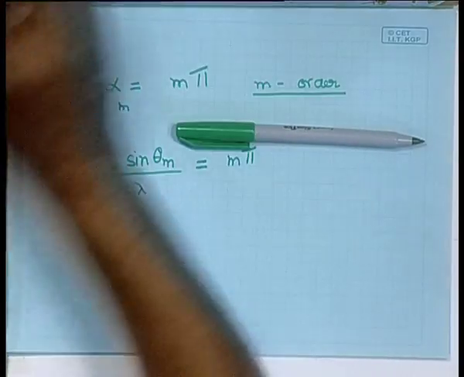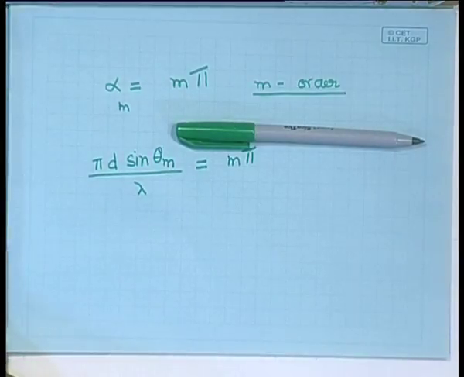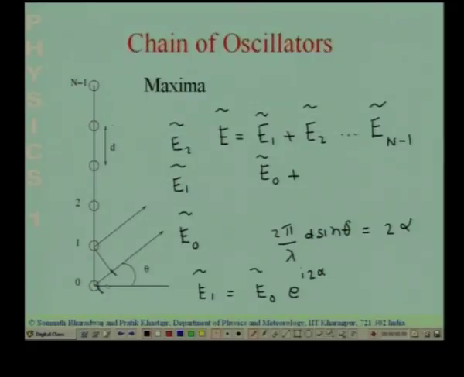So, theta equal to 0 is this direction. For m equal to 1, theta would be larger. So, it would be somewhere possibly here. m equal to 2 would be even larger. So, higher order maximas occur at a larger angle.